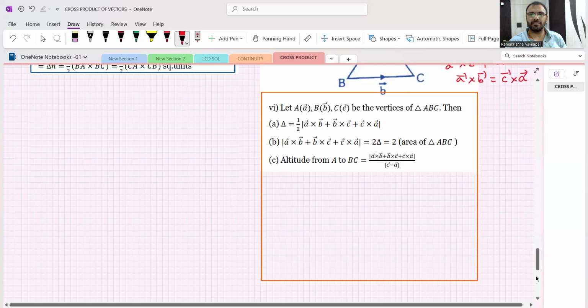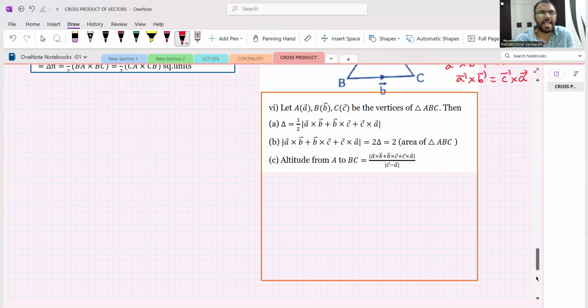Well, so what is the area of triangle ABC? Here A of A bar, B of B bar, C of C bar are the vertices of triangle ABC.